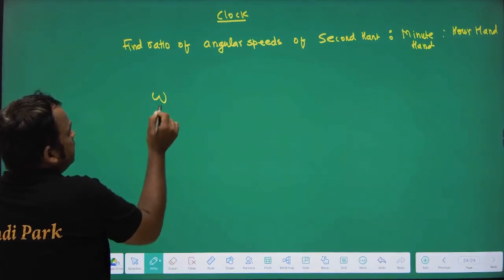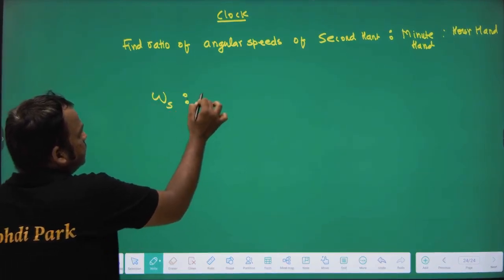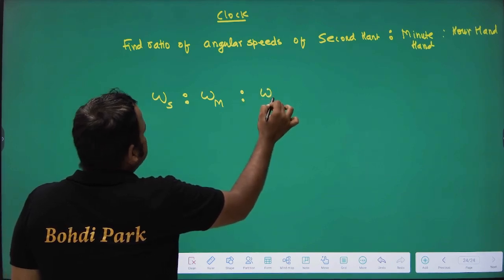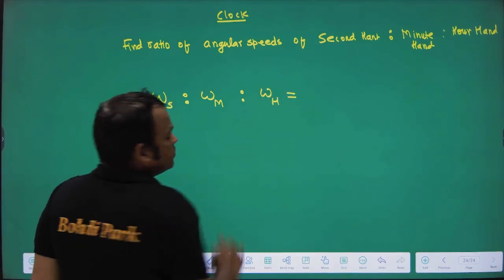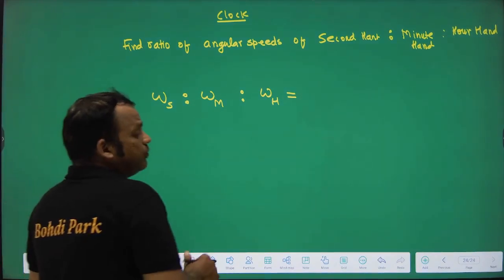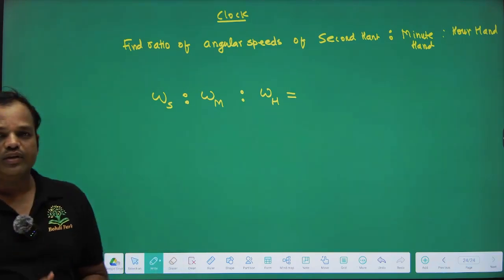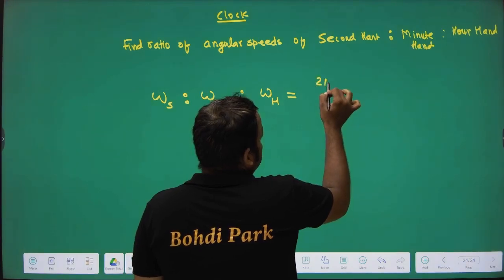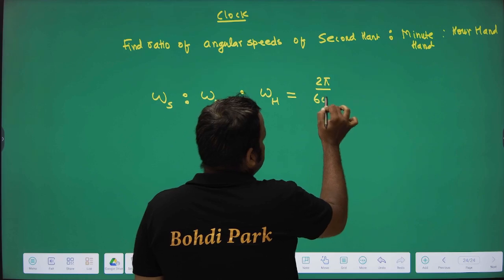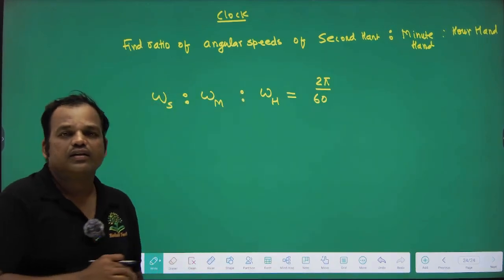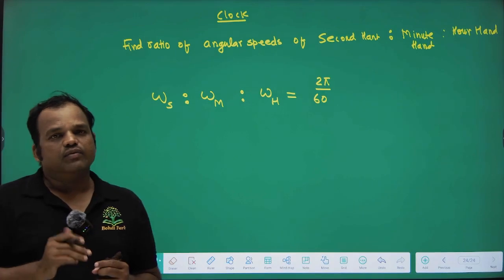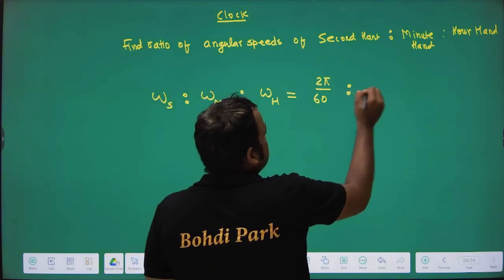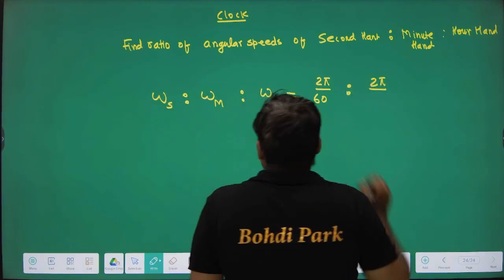So basically angular speed of second hand is to angular speed of minute hand is to angular speed of hour hand. Now we know that angular speed is equal to angle upon time. So angular speed of second hand is 2 pi by 60 seconds. Second hand covers one round in 1 minute, that is 60 seconds, is to angular speed of minute hand.